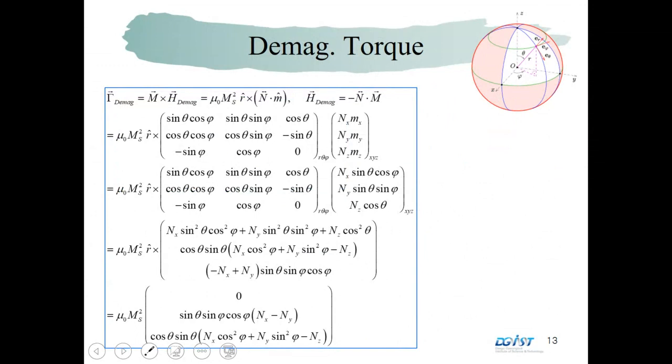Actually, we can include the effect of defects by introducing barrier potentials, but in this derivation, we didn't think about that kind of defect.